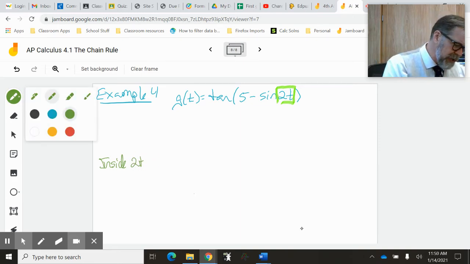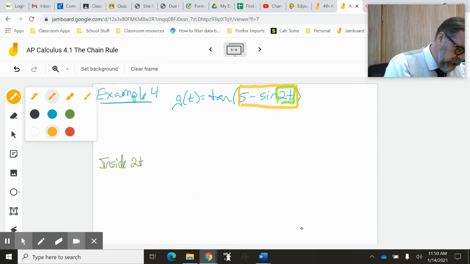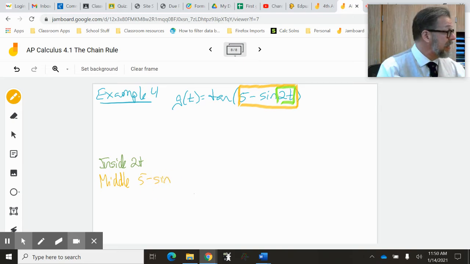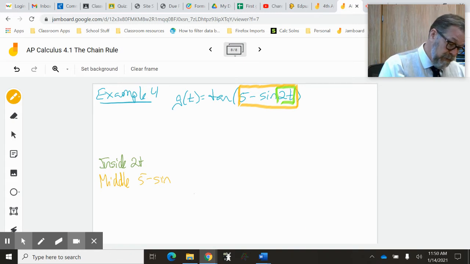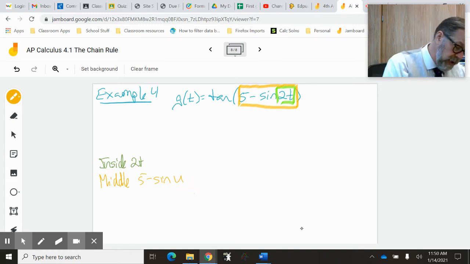Well, now I don't just have an inside and an outside function. I've got a middle function. And my middle function is 5 minus sine of, what do we want to call this? Do we want to call this 5 minus sine of u? Let's just say that 2t is equal to u.